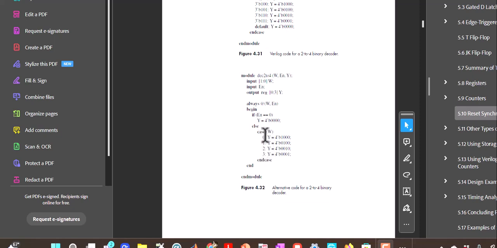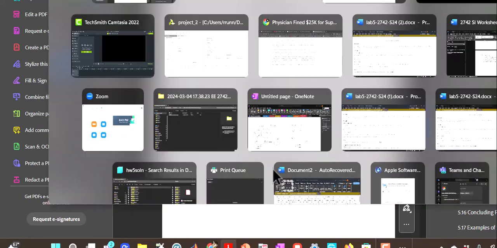For instance, if your number is 0, it'll have a 1 in the 0 position and zeros everywhere else. If it's 1, it has a 1 in the first position and zeros everywhere else.